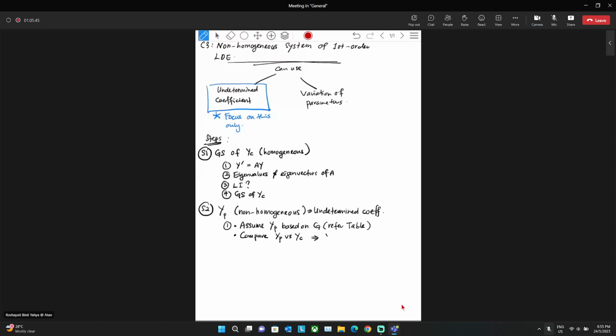So if its pattern is similar to YC, then what you need to do is multiply YP with X. If YP is not similar to YC, then you can stop and take the value as your final YP.